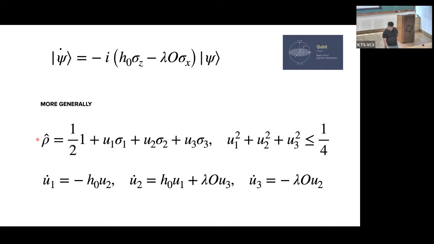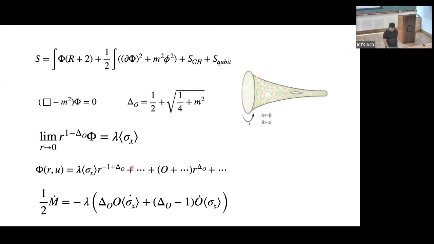Because this density matrix has only positive eigenvalues, you get the restriction U1 square plus U2 square plus U3 square, eigenvalues between 0 and 1. So this restriction comes from there. This is the density matrix, and it has the following evolution equations. So essentially you have to solve these three equations, the Klein-Gordon equation and the mass equation simultaneously.